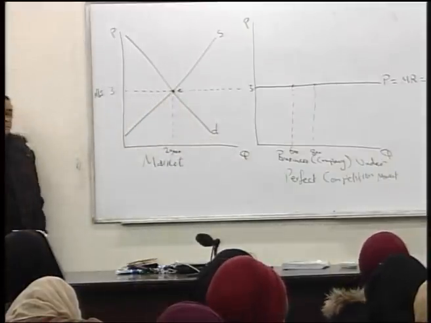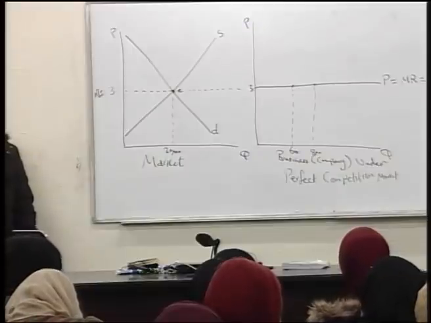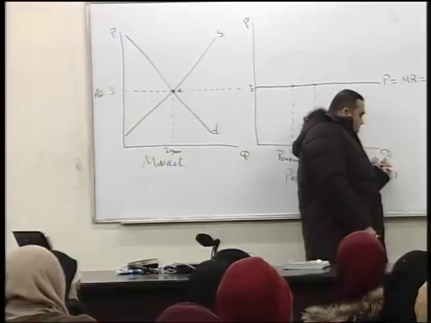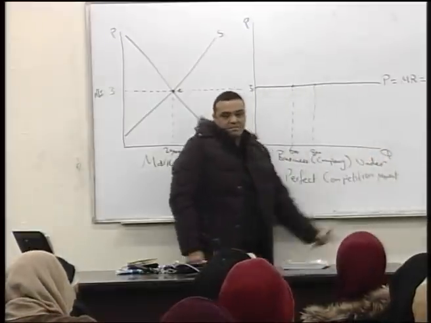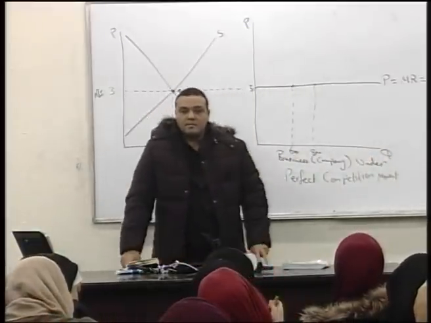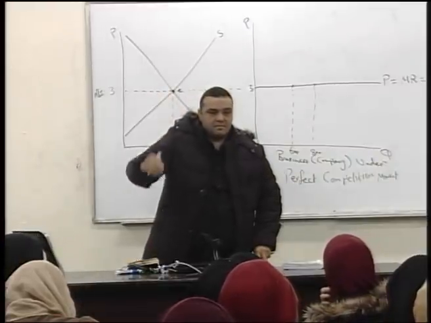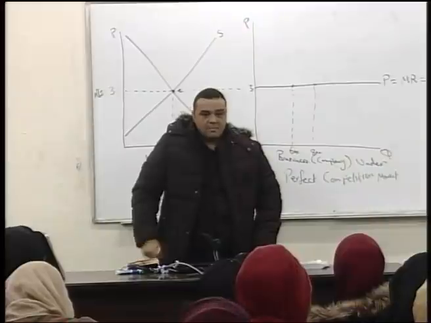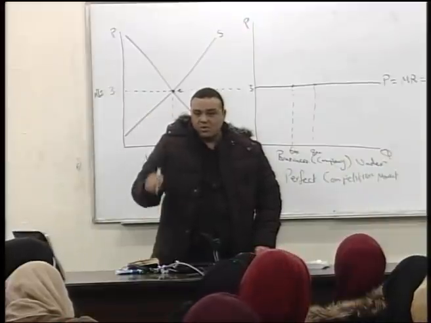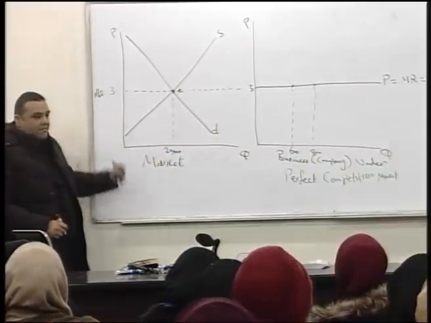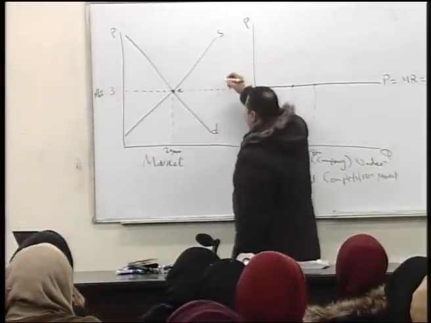Now, how can the price increase or decrease for the perfect competition business? If demand as a whole increases in the market, what will happen? The price will go up. So let us assume that the demand for this type of flow master increases.